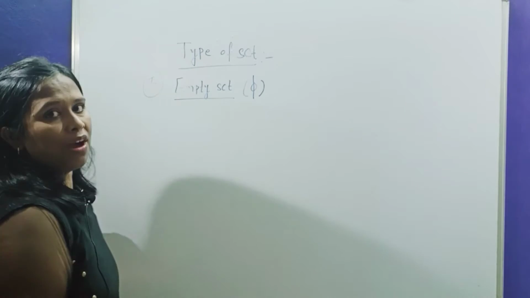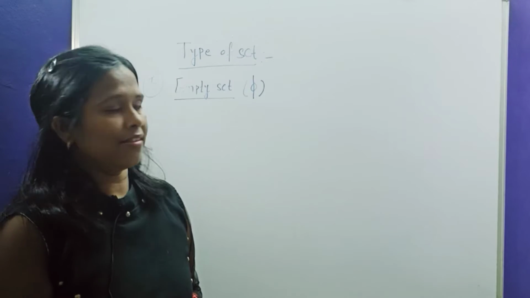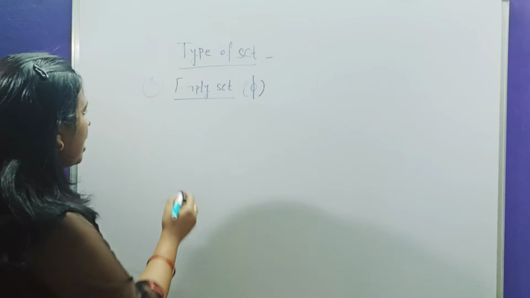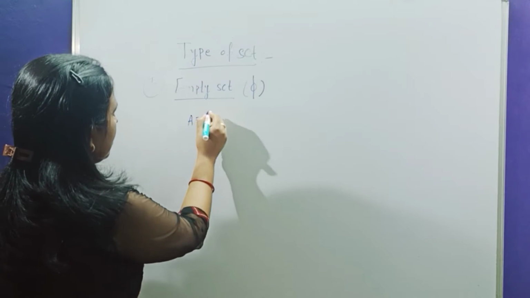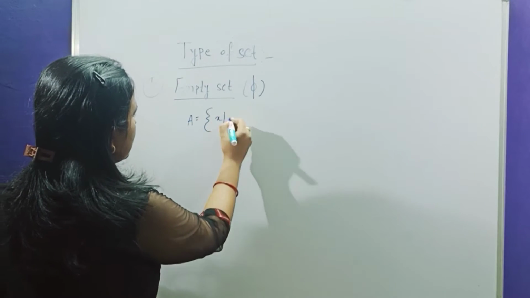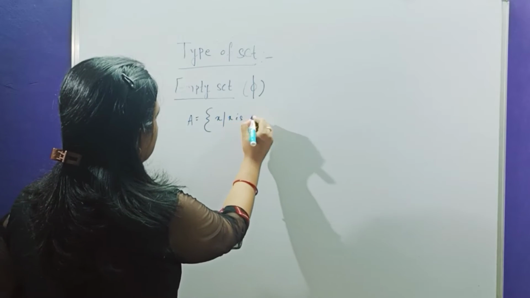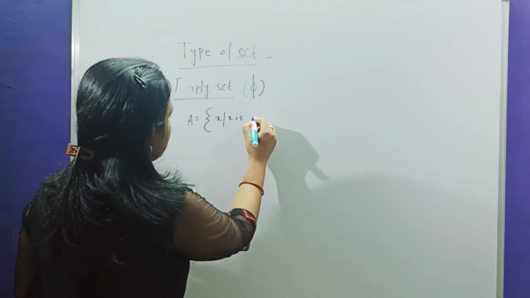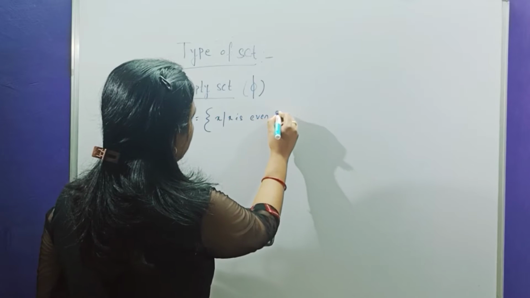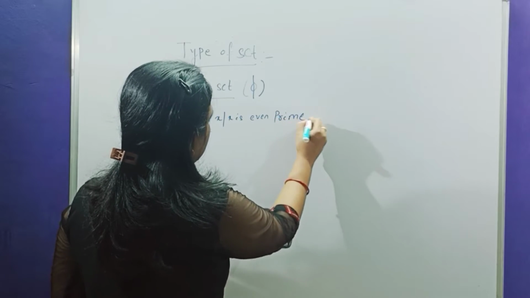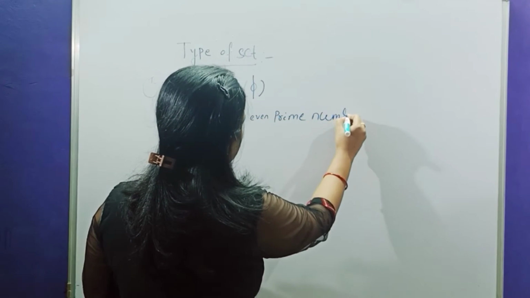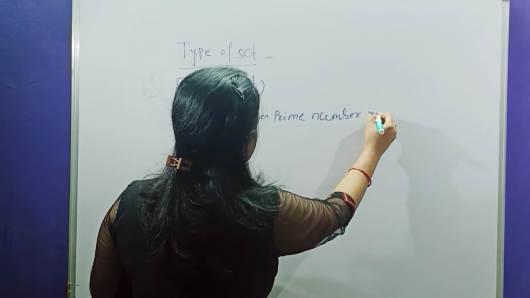If I give you one example, you can understand. Suppose I write a set A, that is {x such that x is an even prime number greater than 2}.